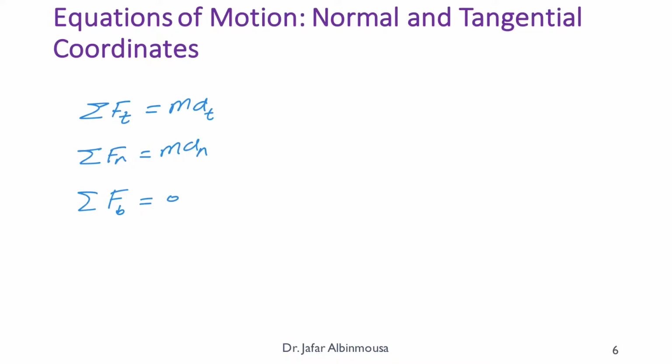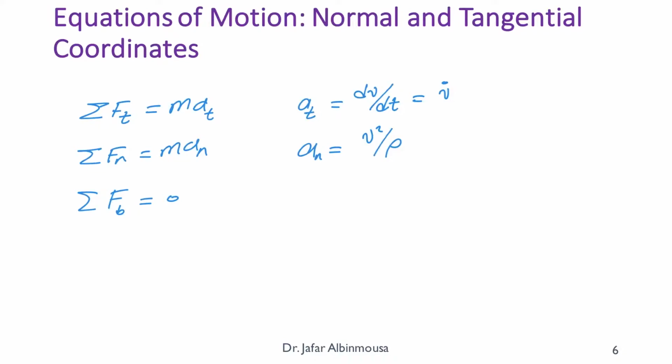Now we should also remember that a_t is equal to dv/dt, which is basically v dot, while a_n is equal to v squared over rho, where rho is the radius of curvature.